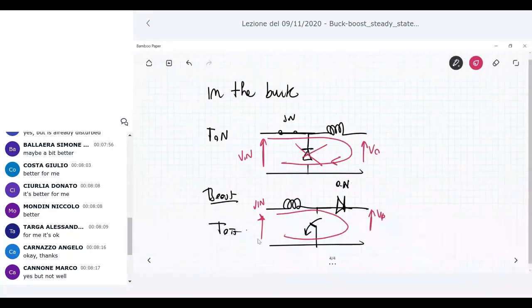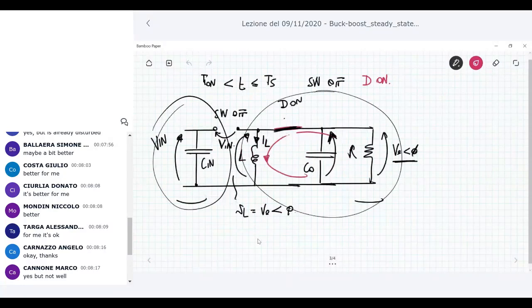In the buck-boost, this never happens. Both during T on and during T off, you always have no connection between the input side and the output side.